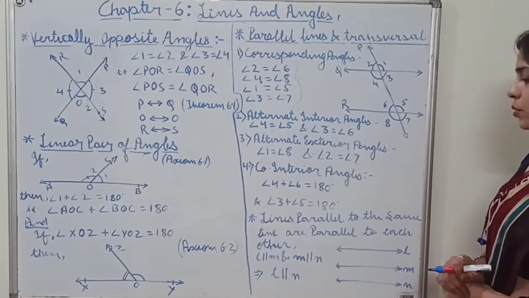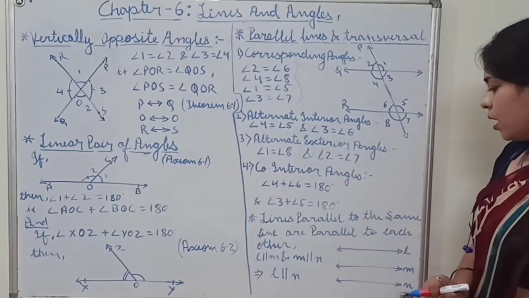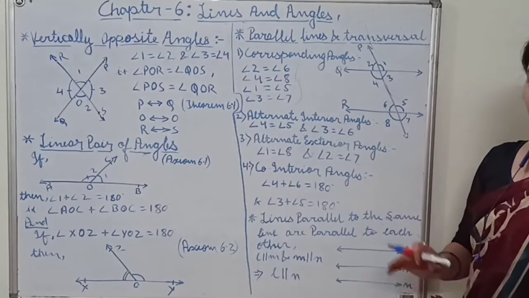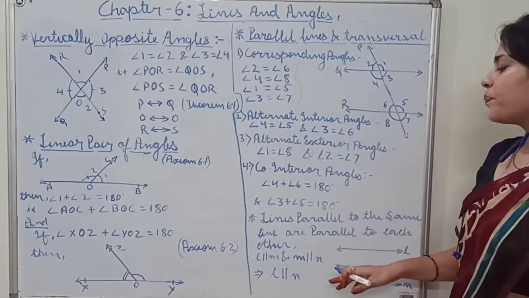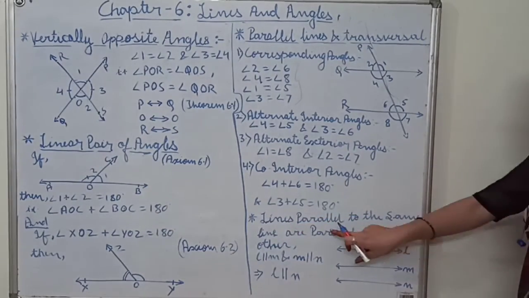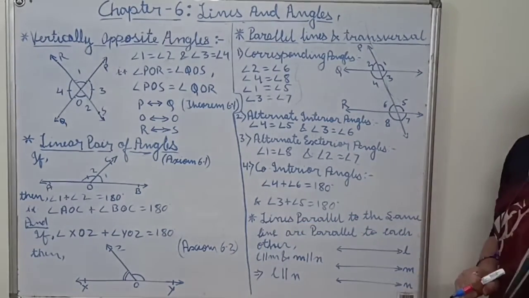Now see, next, this is theorem 6.5 or 6.4 given in our textbook, I think. It is given that lines which are parallel to the same line are parallel to each other.